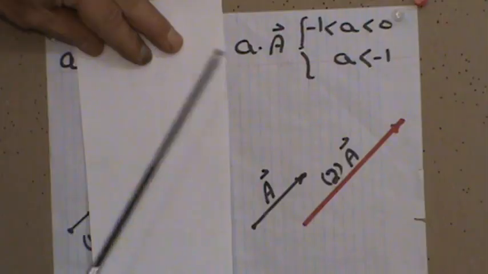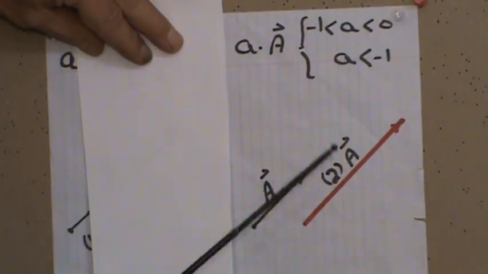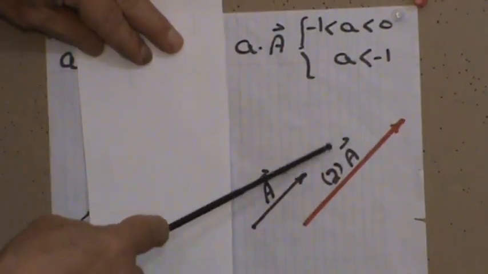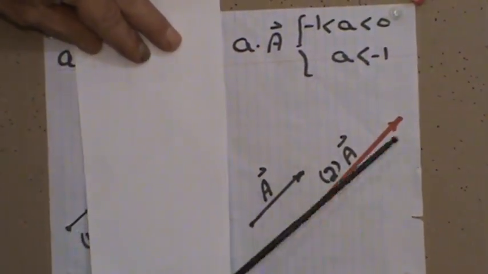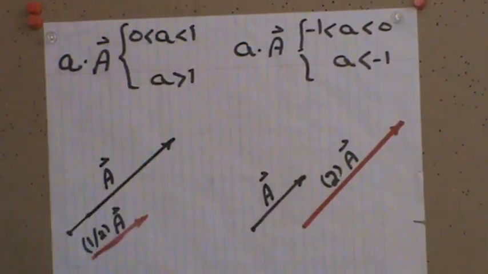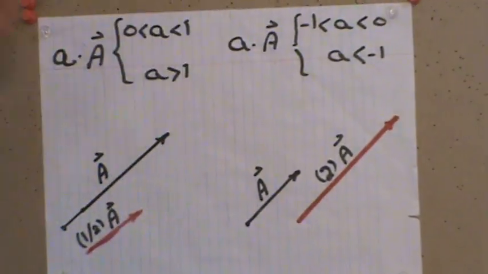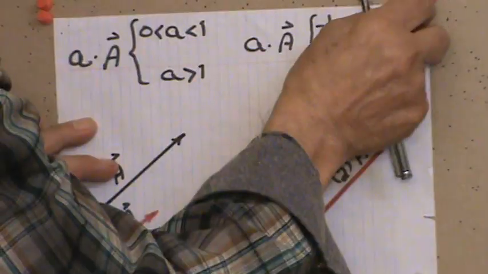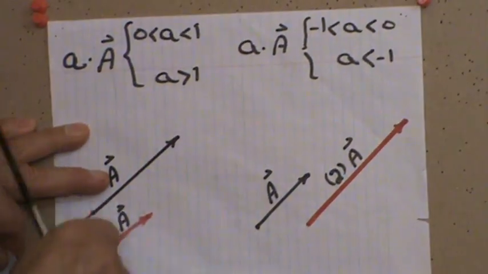The very same goes for negative numbers. The only difference is that the direction changes when we multiply by a negative number. Now, let's talk about adding vectors geometrically and pictorially.